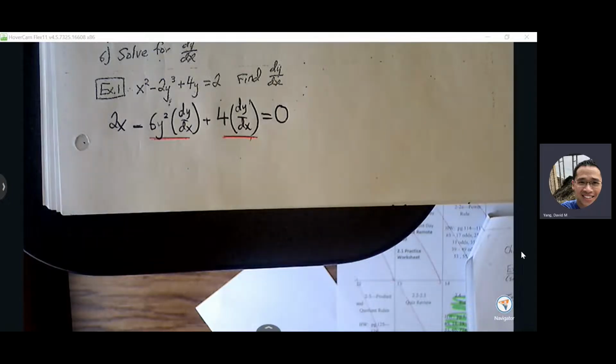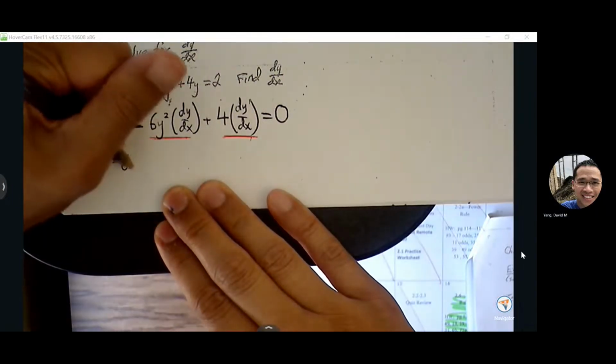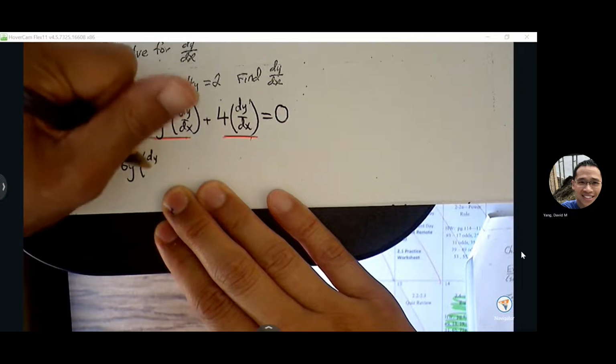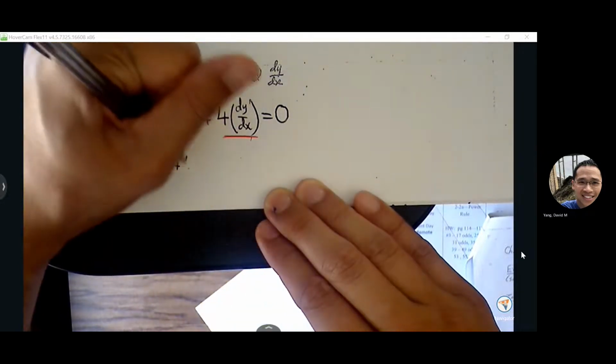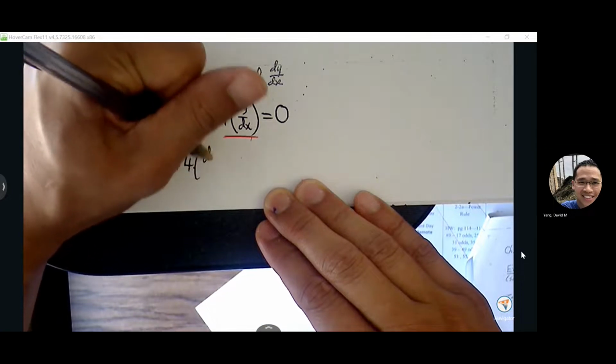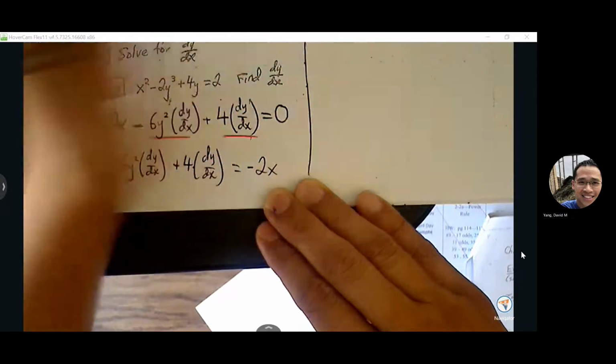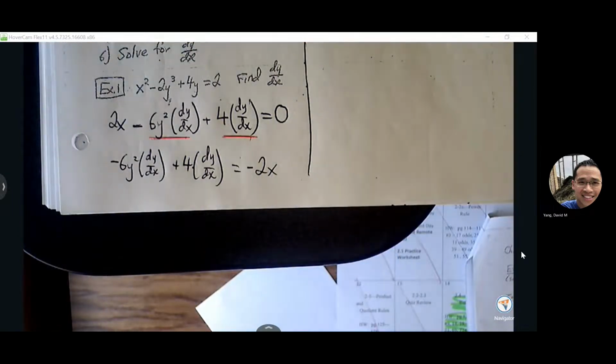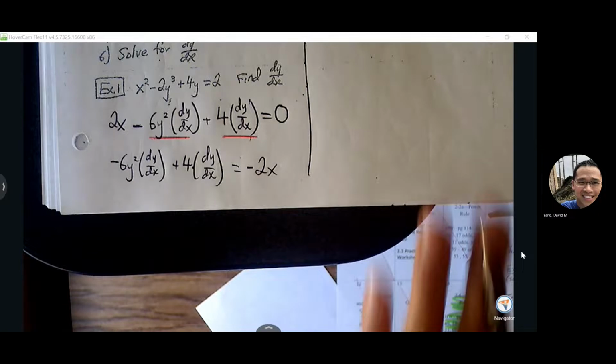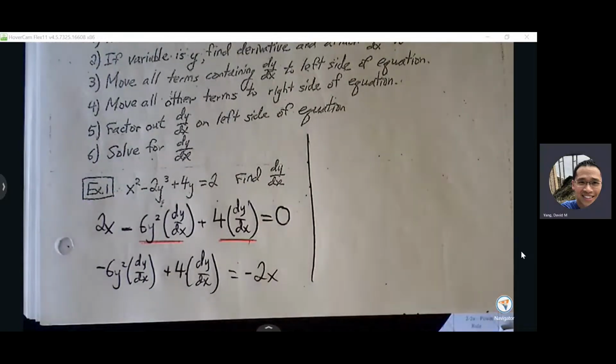So I'm going to move that 2x over. Any questions with those steps there, right?